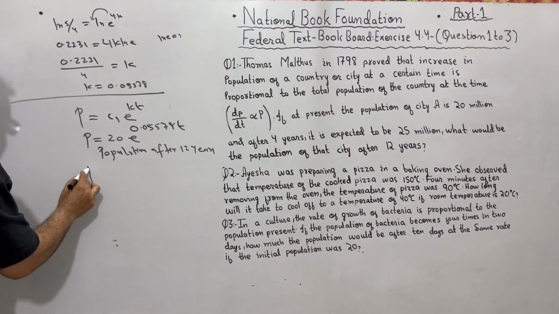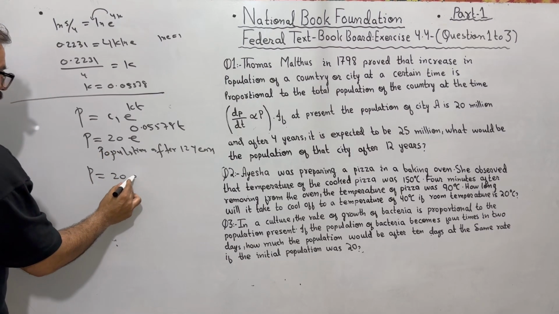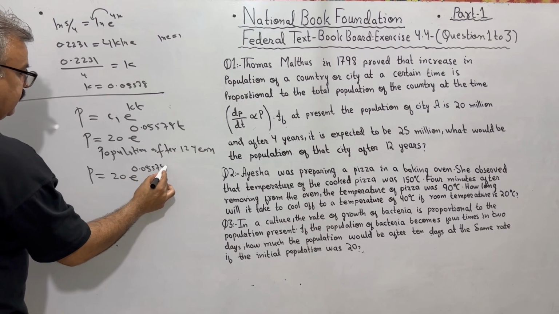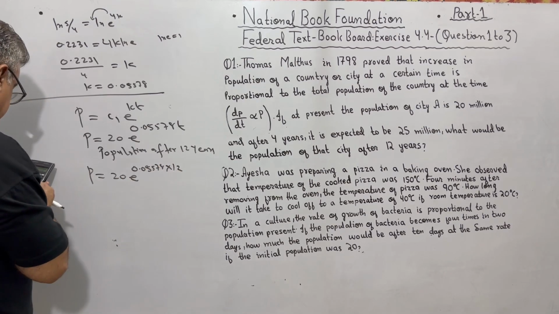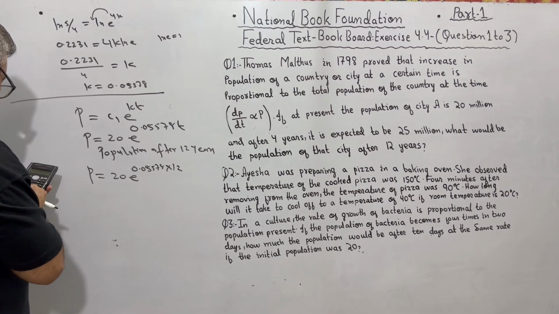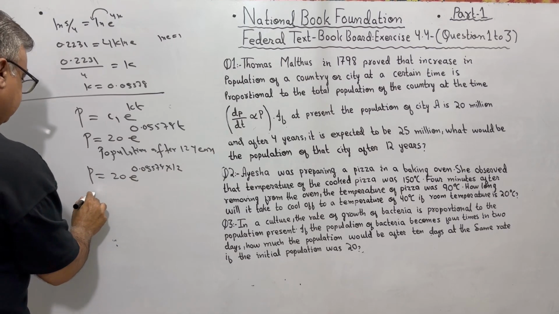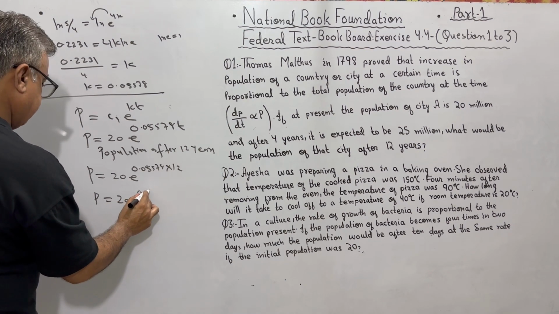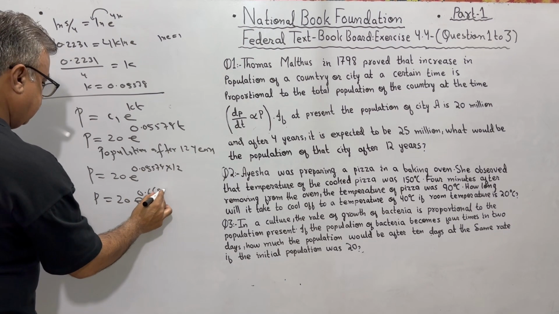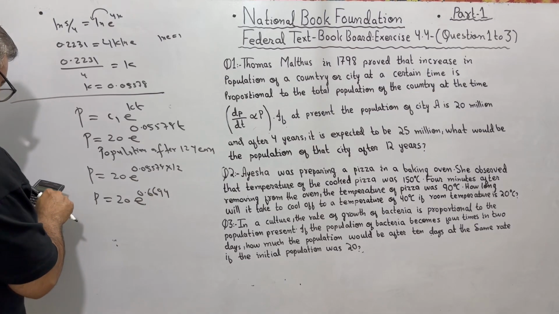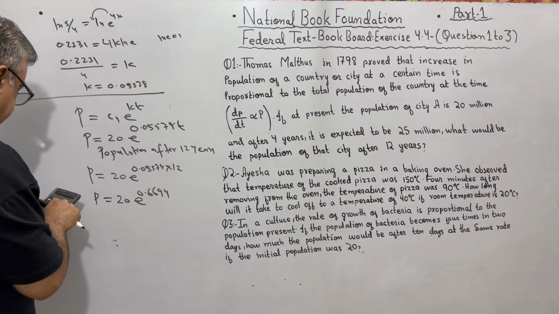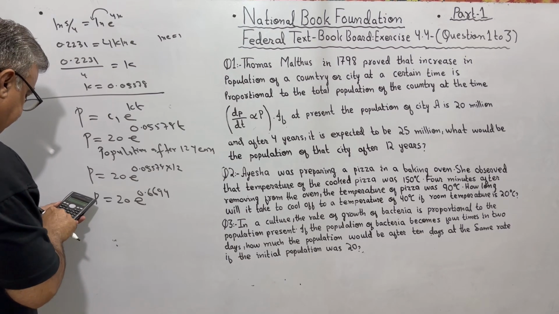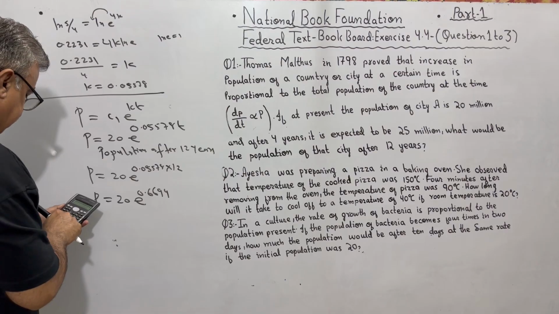Now we have 20 e raised to 0.05578 times 12. Multiply by 12. What do I have? P is equal to 20 times e raised to 0.66948. Now let me check on the calculator, e raised to 0.6694.